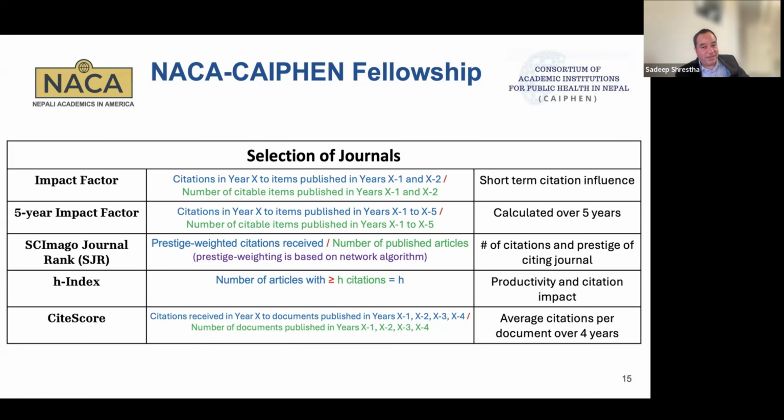But again, keep in mind, those journals with a lot of review articles will have higher impact factors, because earlier we said some of the journals will say you are only allowed to have 30 references. So instead of referencing all those articles that you read, you're going to cite a review article or meta-analysis article or something like that.